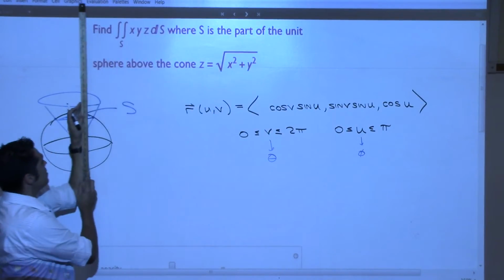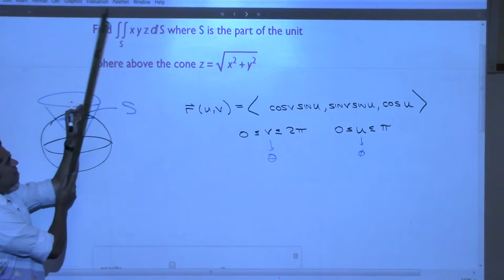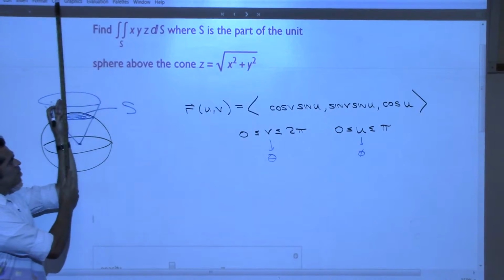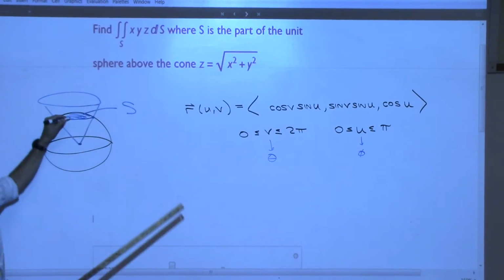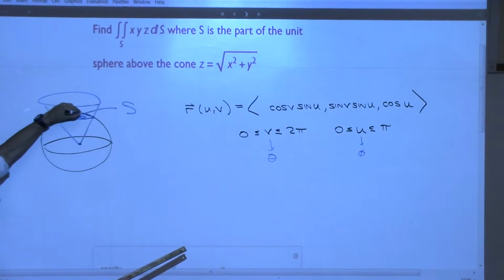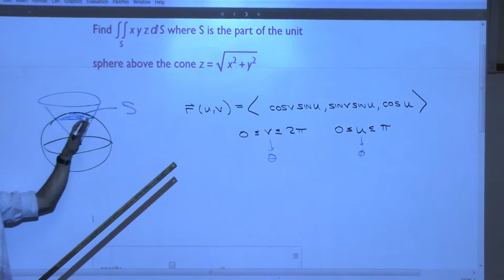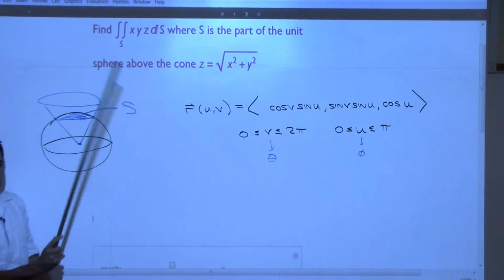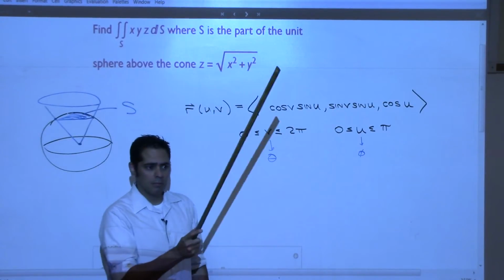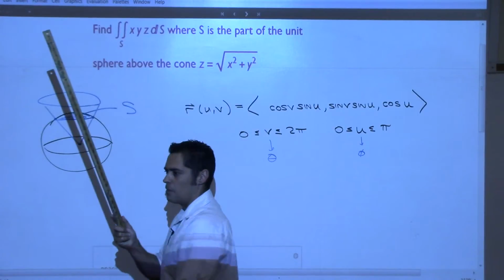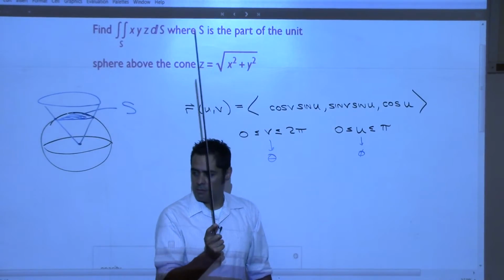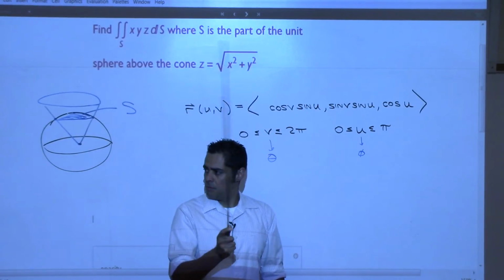If I want to draw just this top cap, how much am I going to let phi move by? Well, whatever it takes to start here and swing down through there, right? I need to figure out what that angle is. What about theta? How far around do I want to go? All the way around, right?